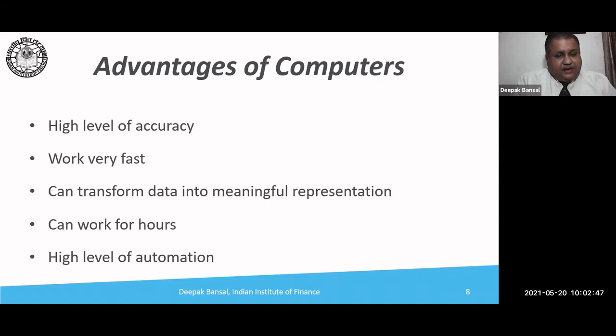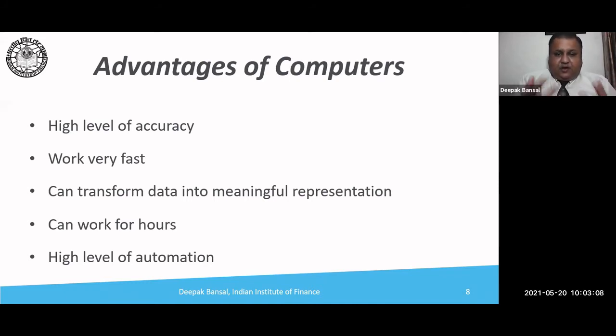It can transform data into meaningful representation. I just told you the basic invention of the computer was to convert data into meaningful information. So you attach meaning to the data, which becomes information that can be used by the users. It can work for hours continuously.